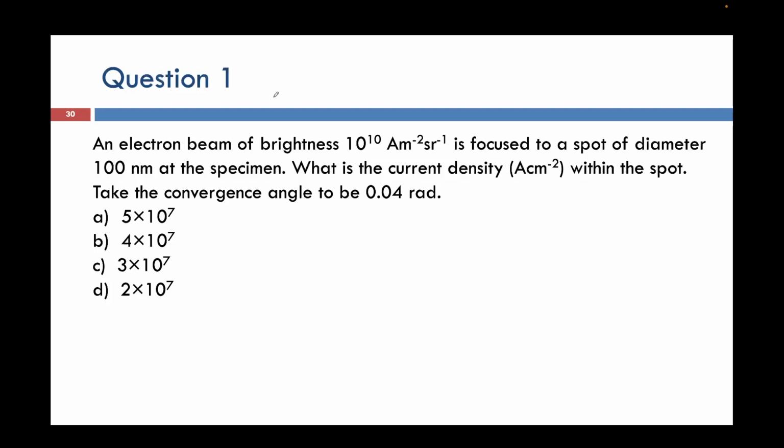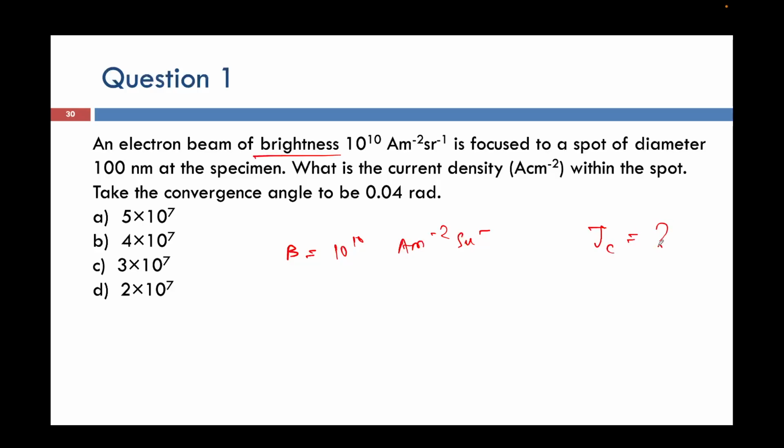So some of the given parameters are brightness, 10 to the power 10, and it is asking for current density.